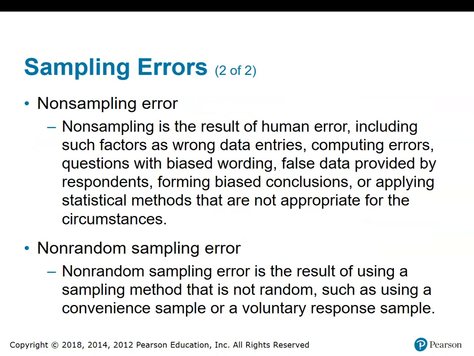Non-sampling error is the result of human error, including such factors as wrong data, computing errors, questions with biased wording, false data provided by respondents, forming biased conclusions, or applying statistical methods.